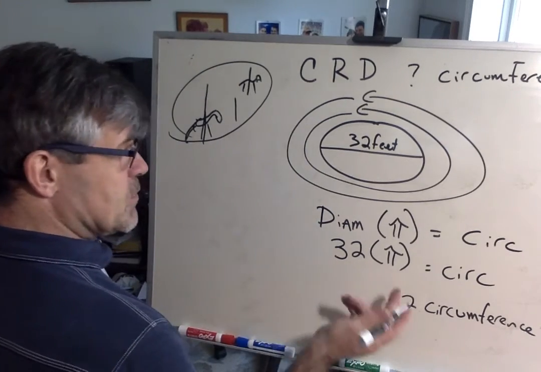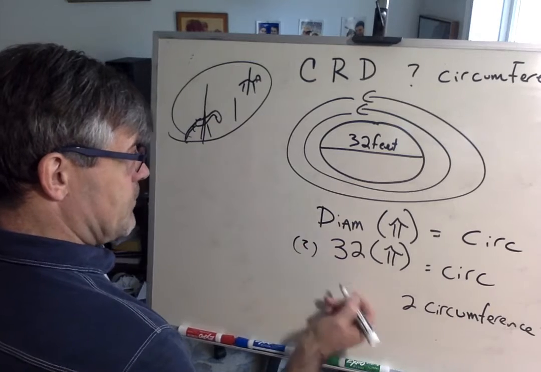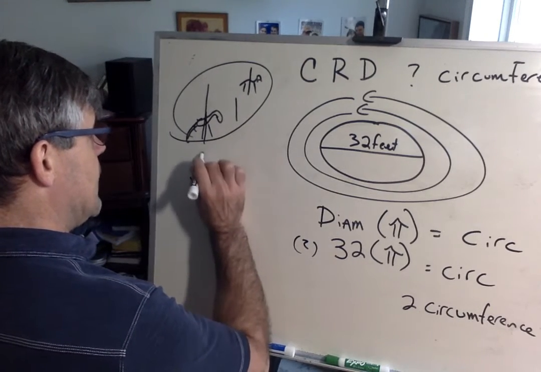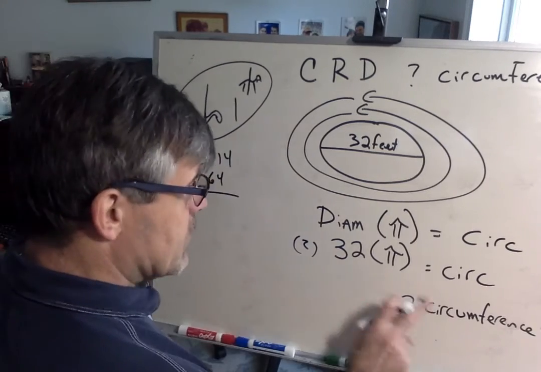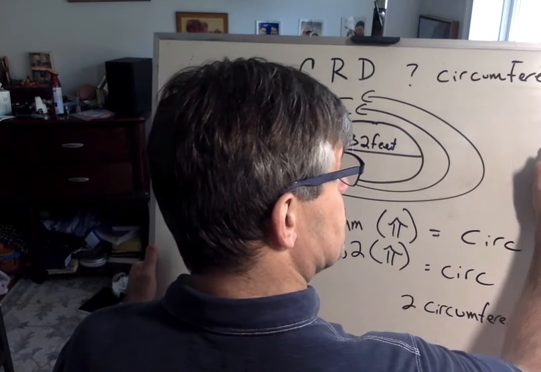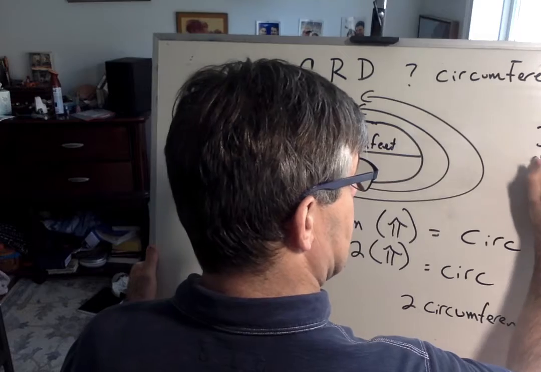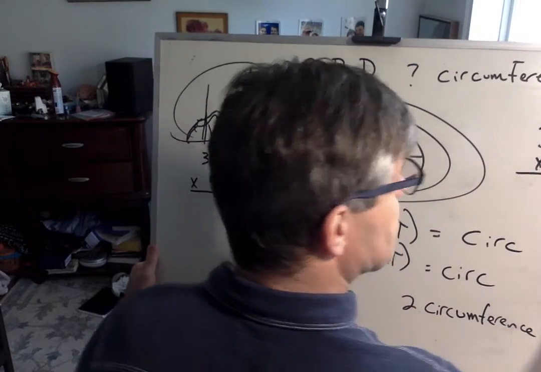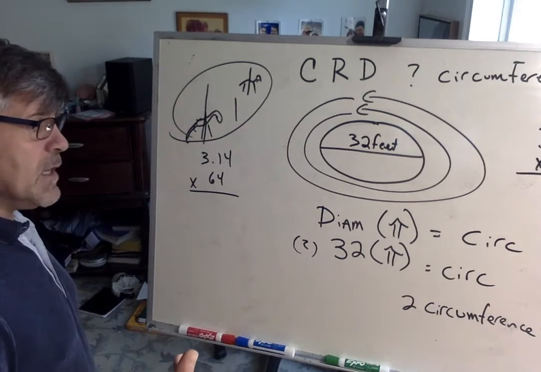Let's see if it works. 2 times 32 would be 64. 64 times pi, 3.14. And then we'll do 3.14 times 32 times 2. It's going to be the same thing, right? So that's a good strategy.